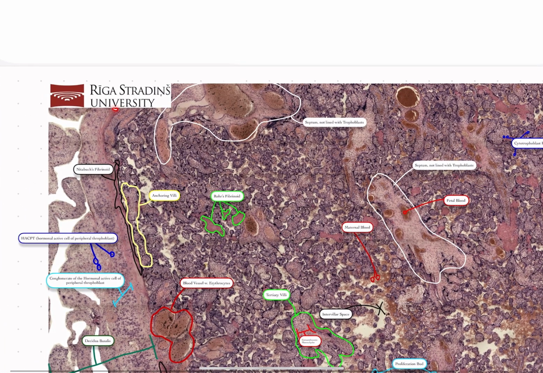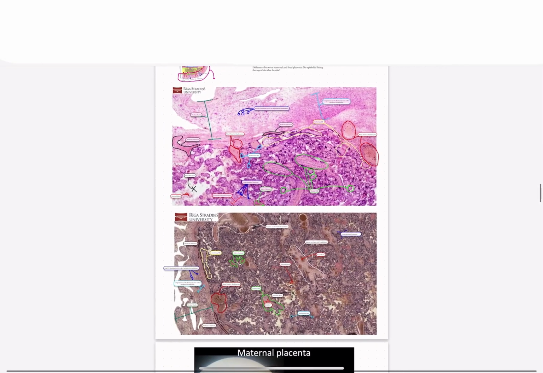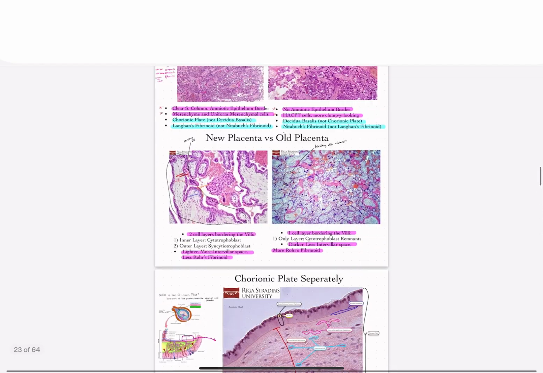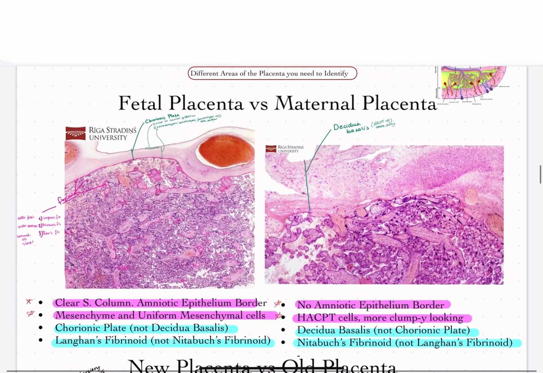See all of this darker pink lining underneath the maternal side of the placenta? That is known as the Nitabuchs fibrinoid. So underneath the fetal placenta, the Langhans fibrinoid, and underneath the maternal placenta, the Nitabuchs fibrinoid. This is why it's very important for you to know if we're looking at the maternal or fetal part of the placenta.